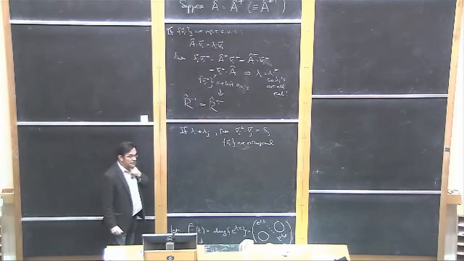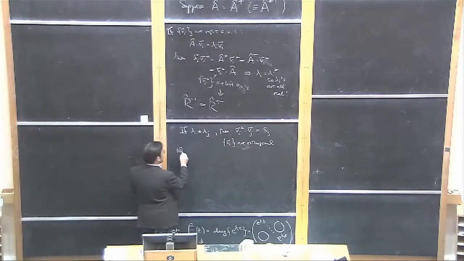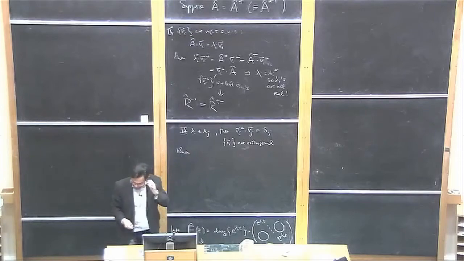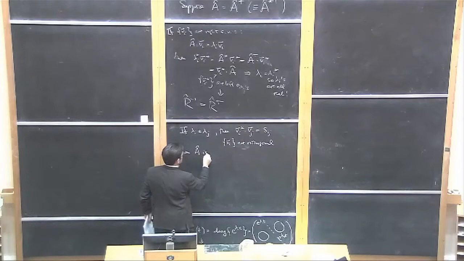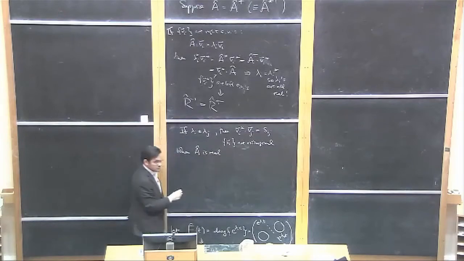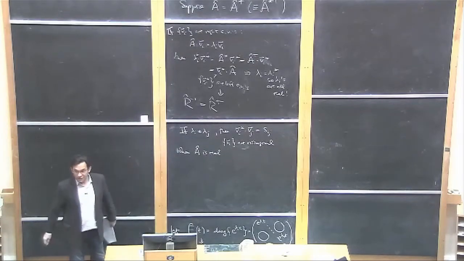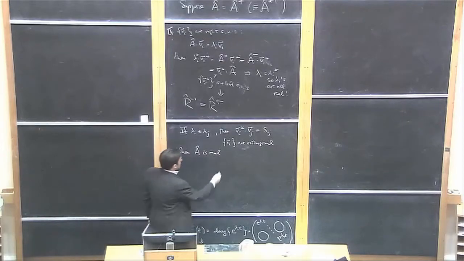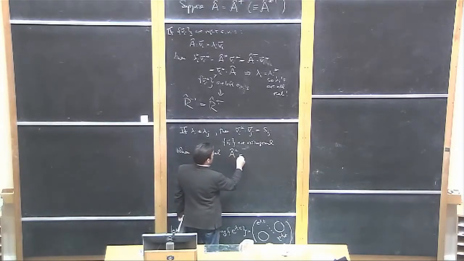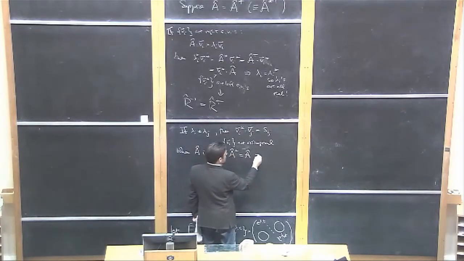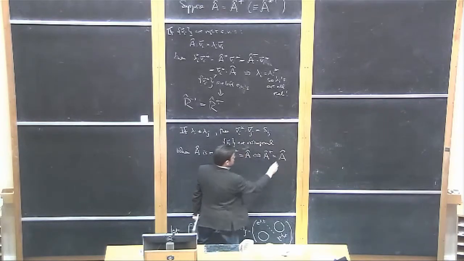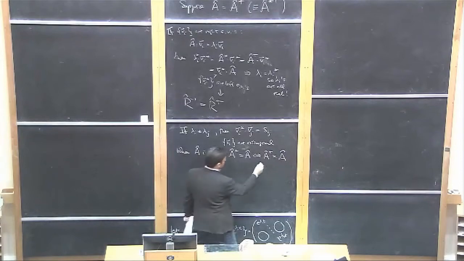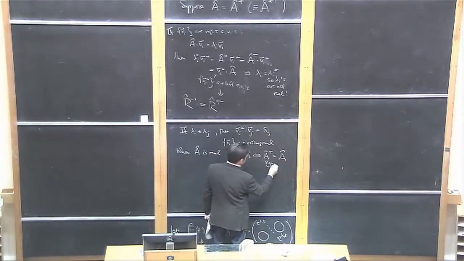Now, in the particular case when the matrix is real, which is a very important case and prevalent in applications, A dagger equals A is the same thing as A transposed equals A. So a Hermitian matrix that is real is symmetric.